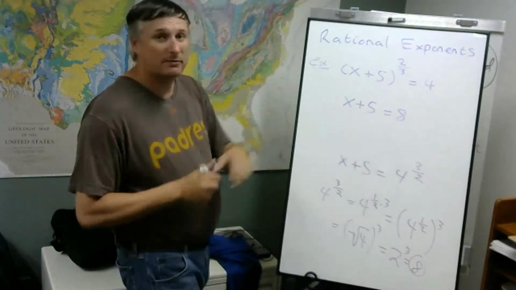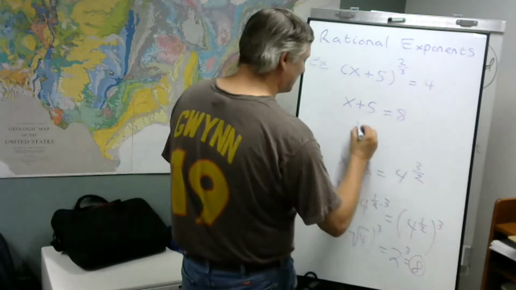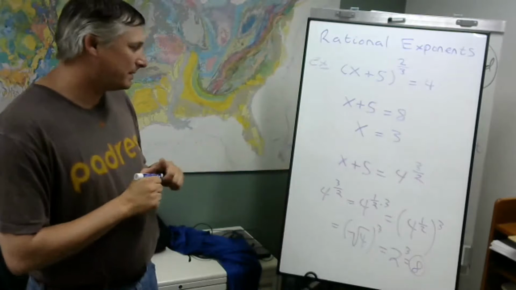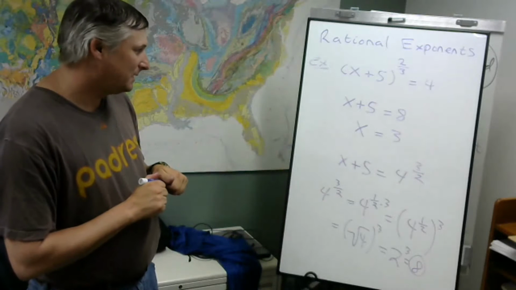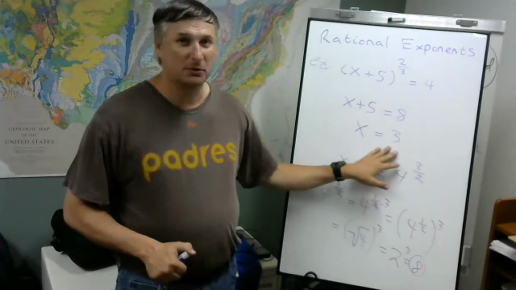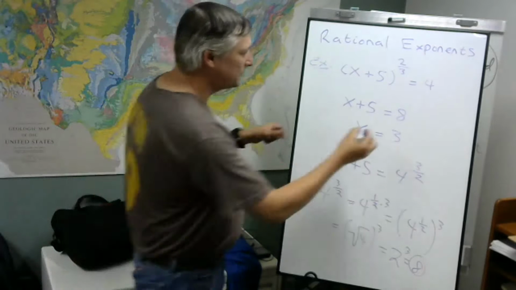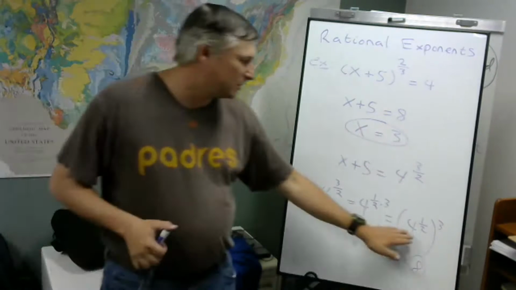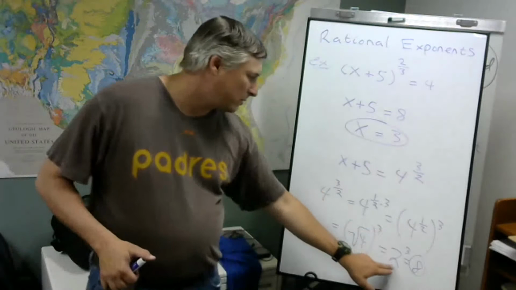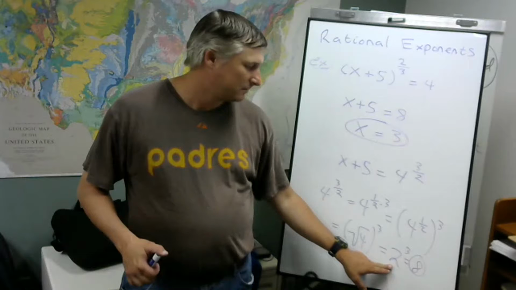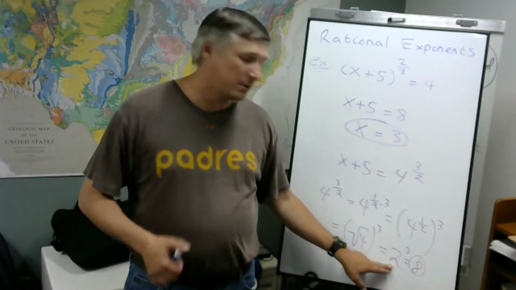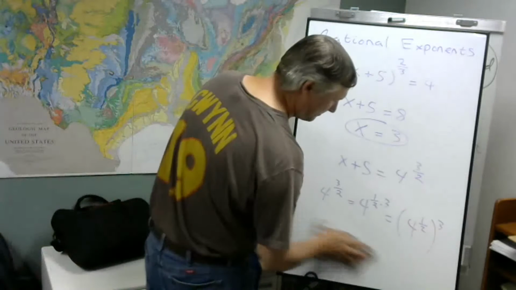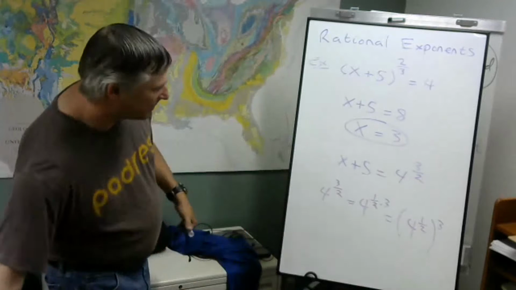Finally, subtract 5 from both sides. We're going to get x is equal to 3. Now we do want to be careful here. This gives us the positive version of this. So one of the solutions is x is 3. But you might have noticed we took the square root of 4 and we went with the positive root. What if we go with the negative root? So we back up. Now I consider the negative part.